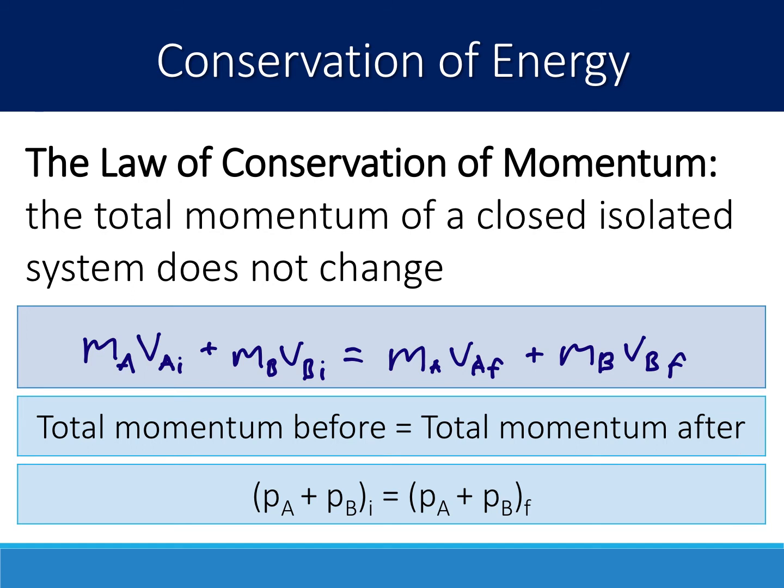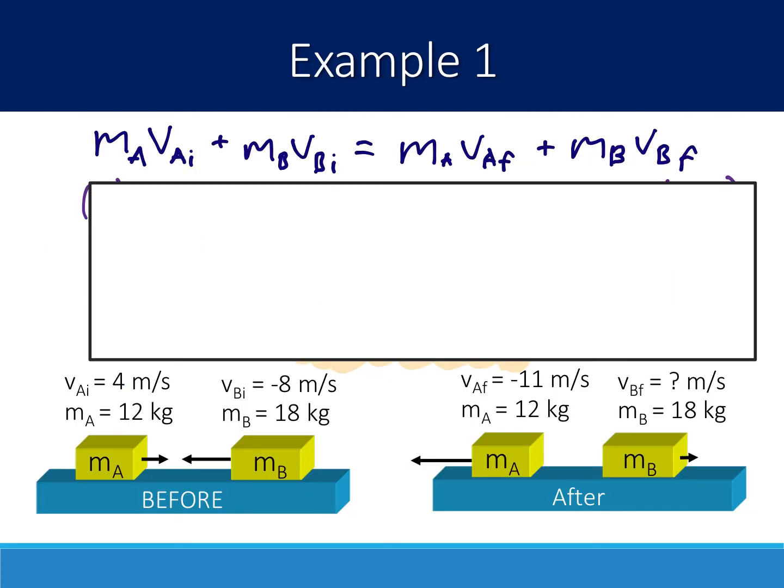And we can simplify because momentum is symbolized by a lowercase p. So the momentum of A plus the momentum of B initially is equal to the momentum of object A and the momentum of object B finally. Okay, now how does this work in an equation? Well, let's take a look.